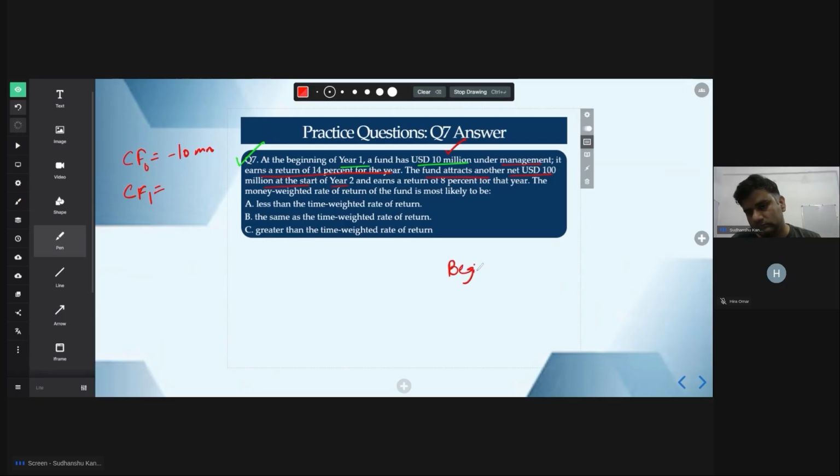this relationship, please try to remember. Beginning of year one means end of year zero. Beginning of year two is basically your end of year one.